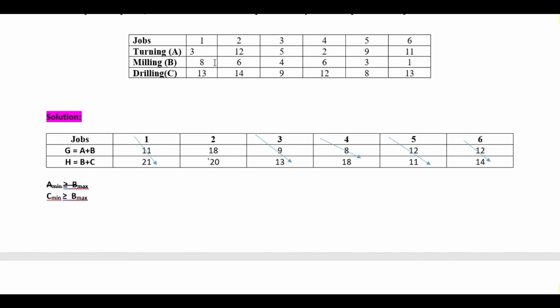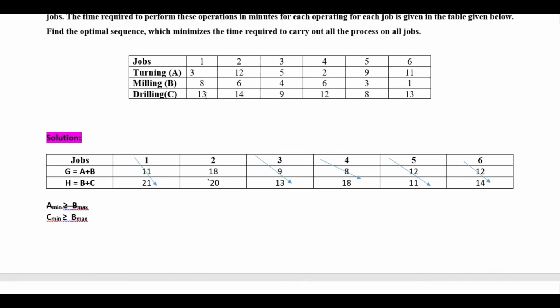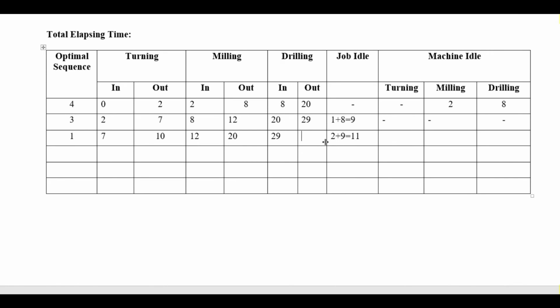For milling operation it takes 8 minutes. So 12 plus 8 will be 20. And here the drilling operation in the previous case will be going on up to 29 minutes. So the job has to wait for another 9 minutes. So plus 9, so it will be 11. The processing time for drilling of the first job will be 13 minutes. So 29 plus 13 is 42. So no machine will be in idle condition.